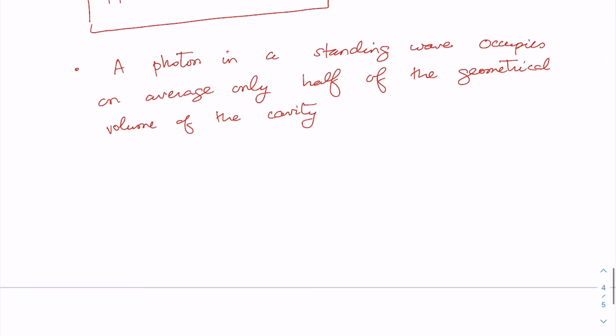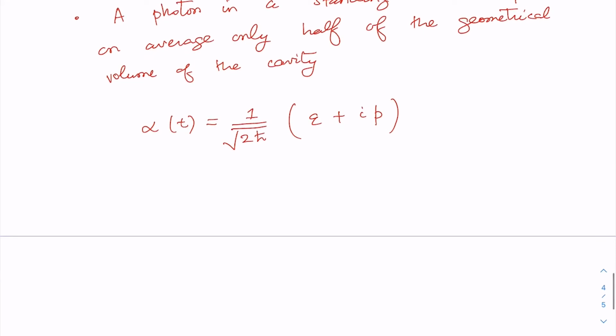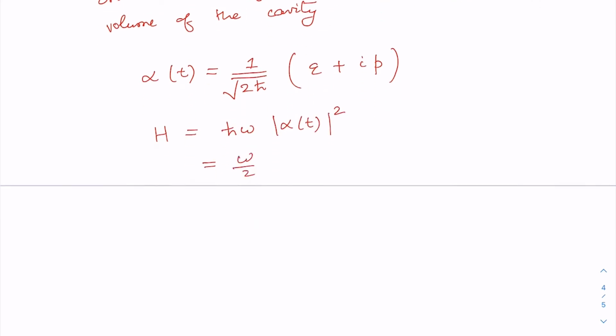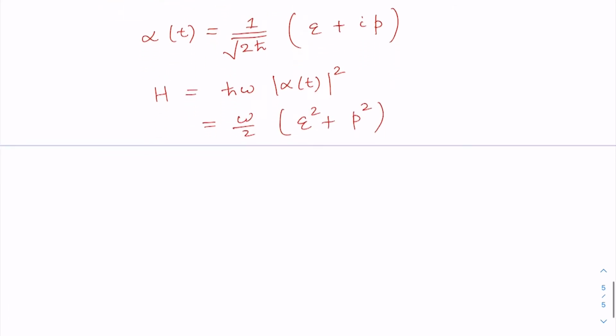Now let us define a pair of canonically conjugate variables q and p as follows. This treatment is going to be similar to what we have done earlier. With q plus ip, we can write the Hamiltonian h cross omega mod alpha t squared simply as omega by 2 times q squared plus p squared.